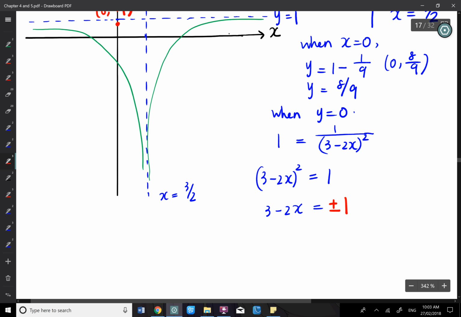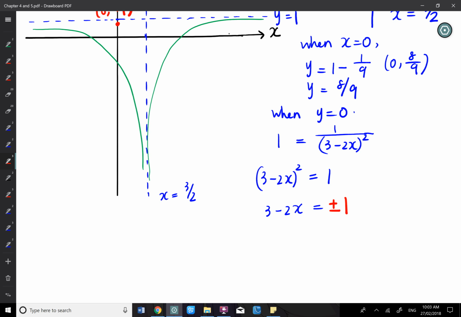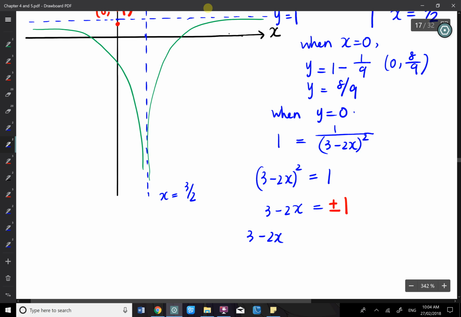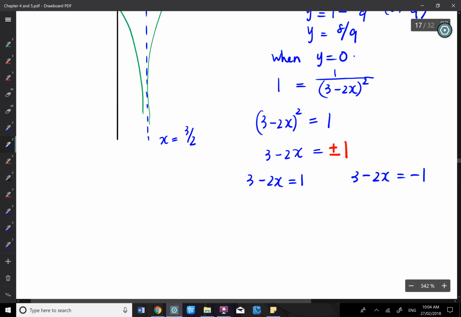Okay, plus or minus 1. You can have two x-intercepts. How can we find the x-intercepts? That must be a plus or minus case. So 3 minus 2x equals 1, and 3 minus 2x equals minus 1. Solve them separately. 2x equals 2, x equals 1. 2x equals 4, x equals 2.